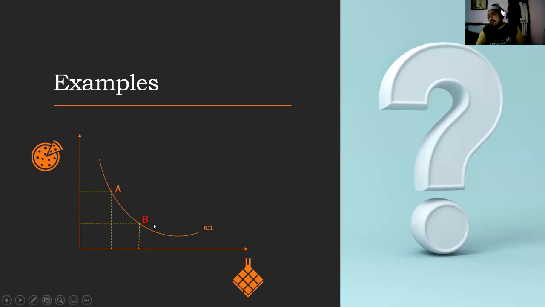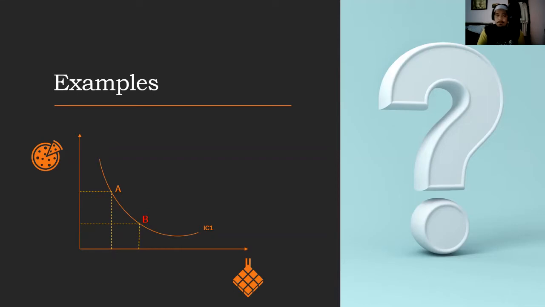This indifference curve indicates that any point along this curve will indicate that I would prefer that amount of goods. Let's say, for example, at point A, I prefer 5 pizza and, for instance, 1 ketupat.